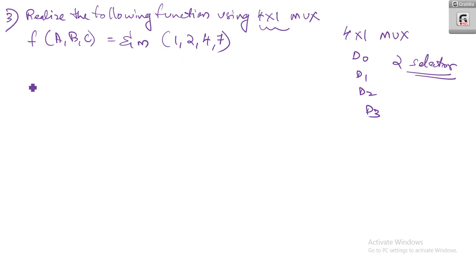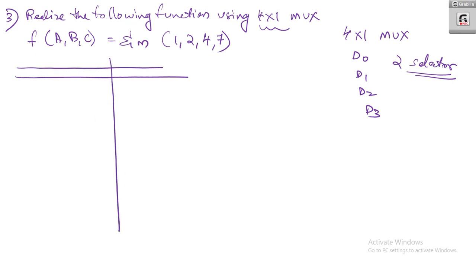So first of all, let me draw the truth table. Okay. And remember that you are having 2 selectors only. Okay. So before finalizing the selectors, let me draw like this. Assume that I am having only 3 inputs. Okay.